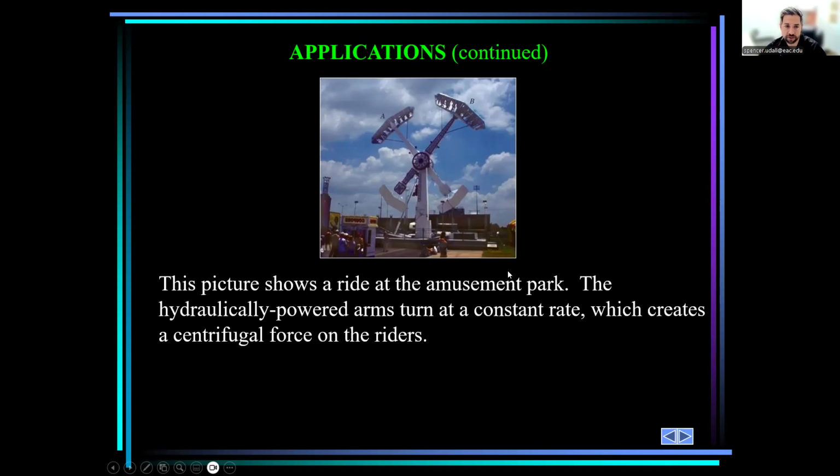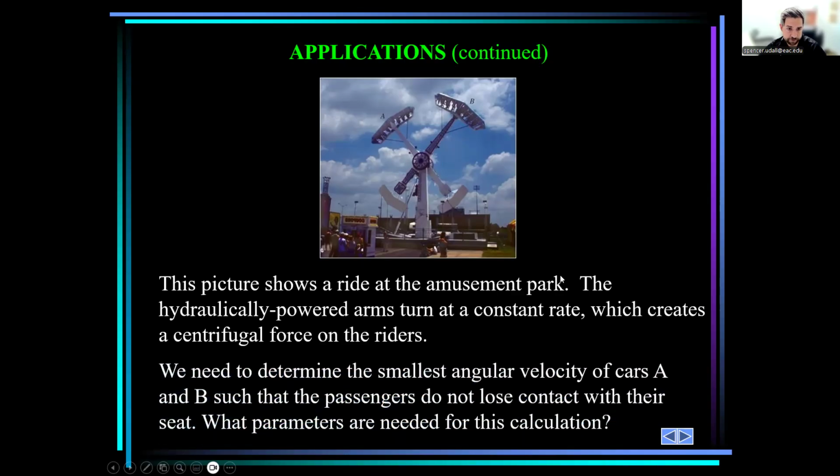And we could design the structure to resist that. That's an interesting question as well. If we knew the mass of someone in those, what's the smallest angular velocity of that thing spinning around so that someone barely stays in contact with their seat? They feel weightless, but they don't fall and hit their head on the top side of the trolley piece that they're sitting in.